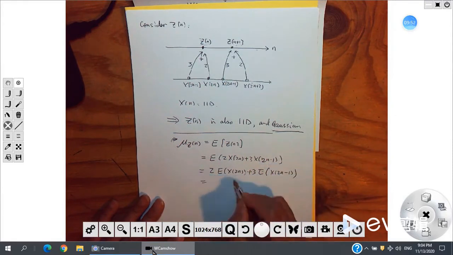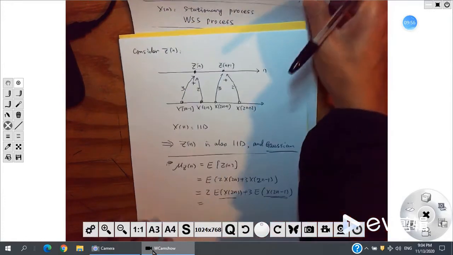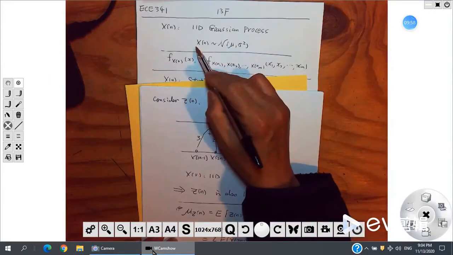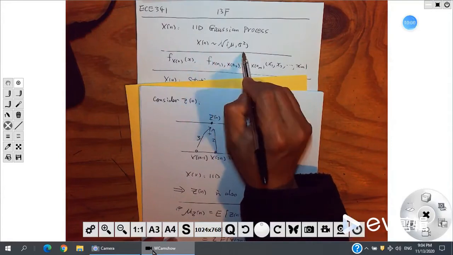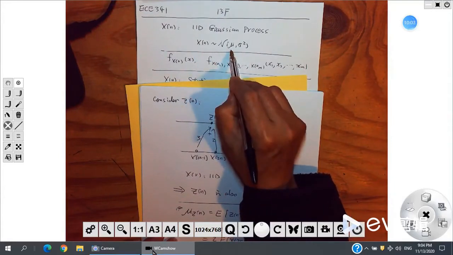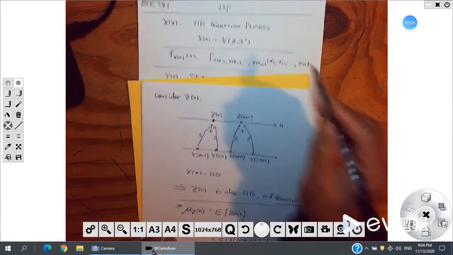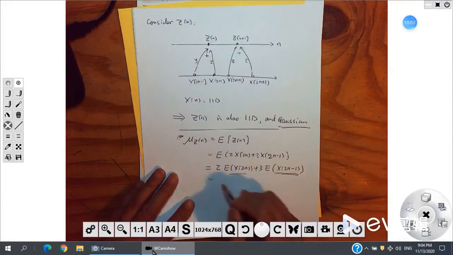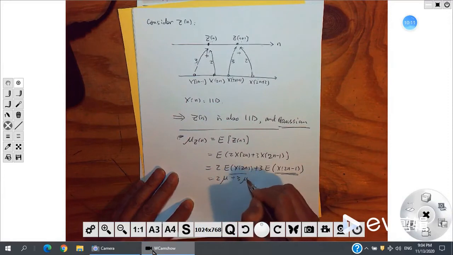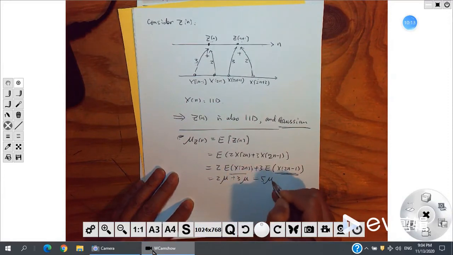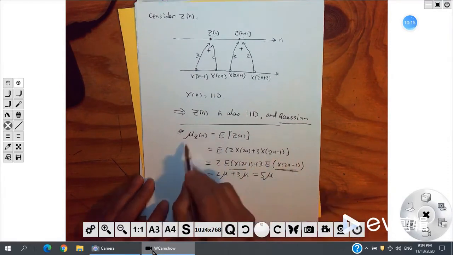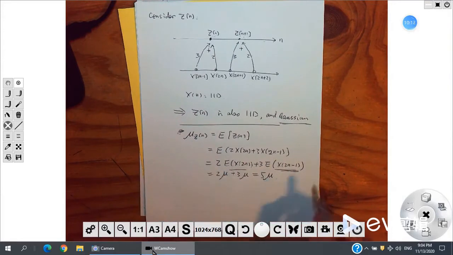Alright, now each one is Gaussian, all the x obey this distribution, right? So the mean should be mu, and variance should be sigma squared. So here we use the mean, 2 of the mean mu, and another is 3 of the mean mu, so totally 5 mu. Now we know the mean of z is 5 mu.